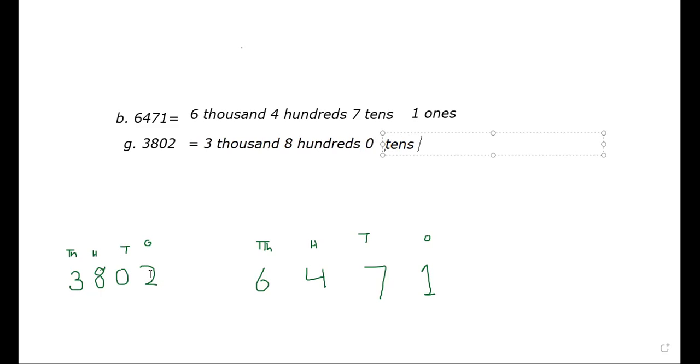After tens, you can see we have a last digit, that is 2, and it is standing on the ones place. So I'm going to write how many ones I have: 2 ones. This is very simple.